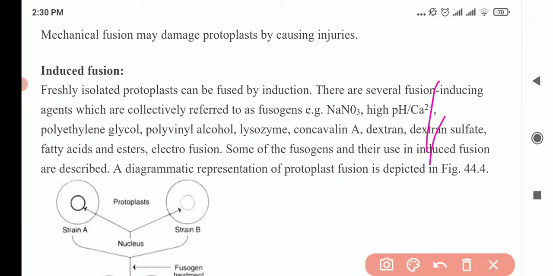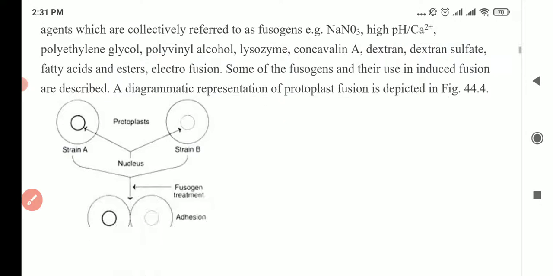Here we will be using fusion inducing agents known as fusogens. These are chemicals: dextran sulfate, sodium nitrate with a high pH, and calcium, polyethylene glycol. Some of the fusogens are described here in the diagram.